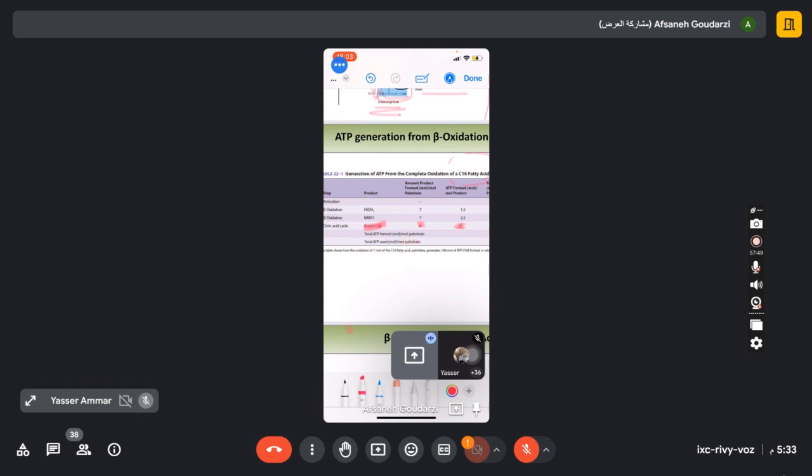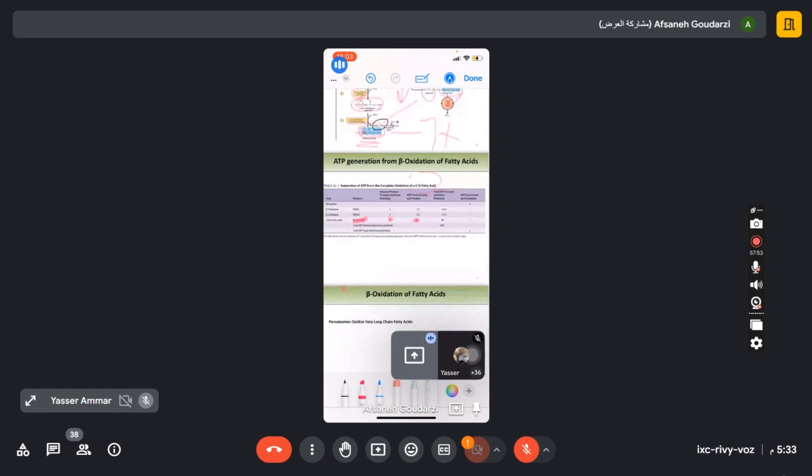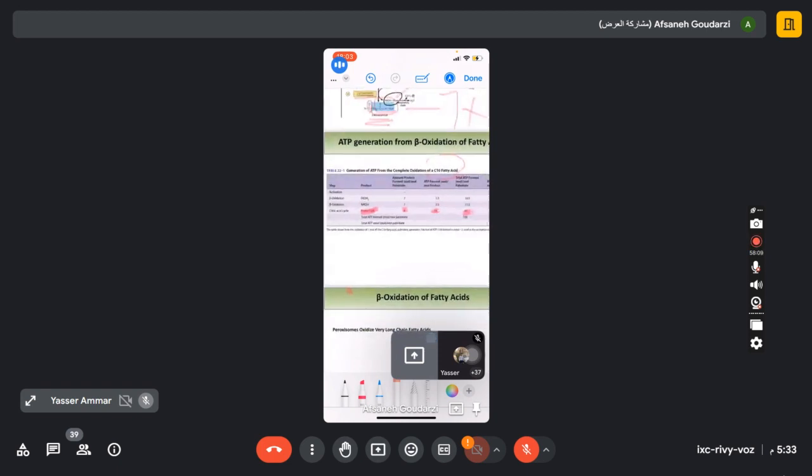Therefore, the 8 acetyl-CoA produce for us 80 ATP, 80 molecules of ATP. So we said for each acetyl-CoA production from fatty acid beta oxidation, we produce one FADH2 and one NADH.